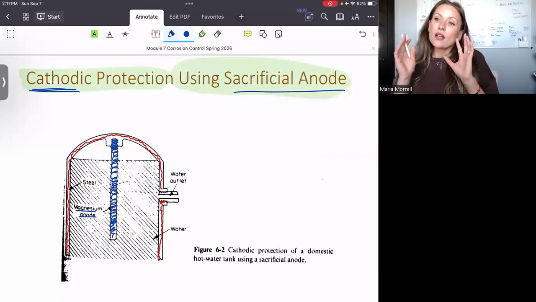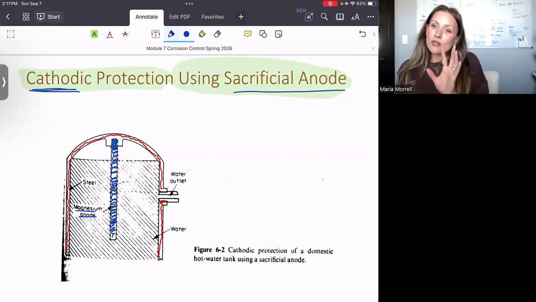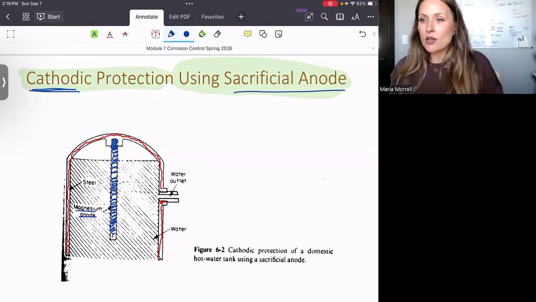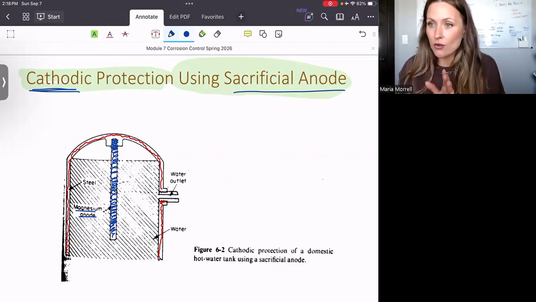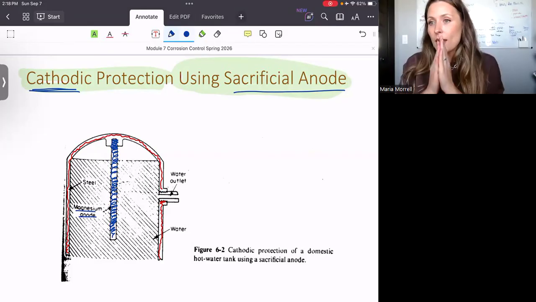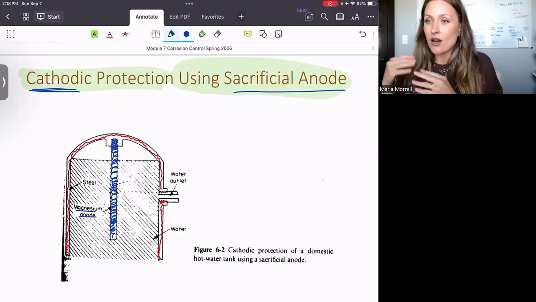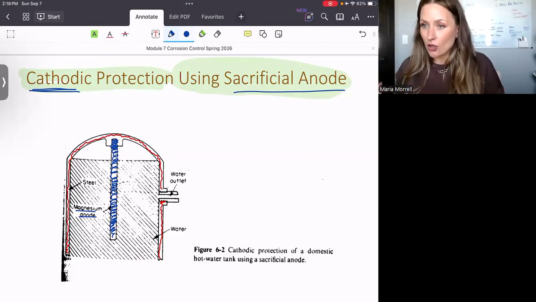So, to summarize, this is cathodic protection using a sacrificial anode. The reason I call it cathodic protection is because the material that I'm trying to protect serves the role of a cathode here. And the way I achieve it is I pair it in direct electrical contact with something that has a higher tendency to corrode.